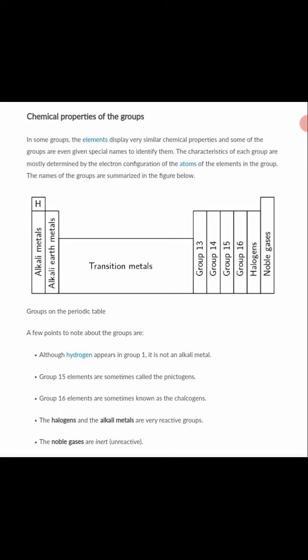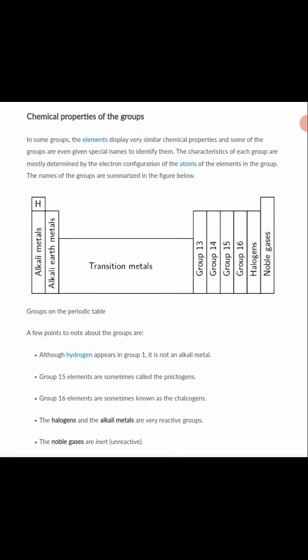Number 2, group 15 elements are sometimes called the pnictogens. This is the first time you're hearing such. You can do more research on that because that's not our focus. Our focus is in JAM 2022, how these things relate and connect to the questions that will be set in the forthcoming exam.